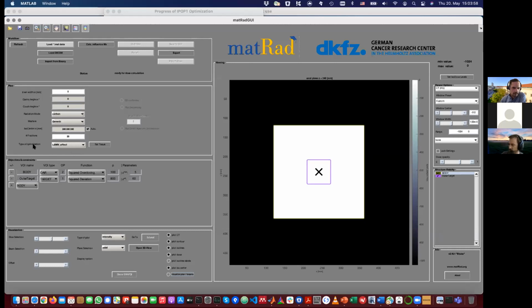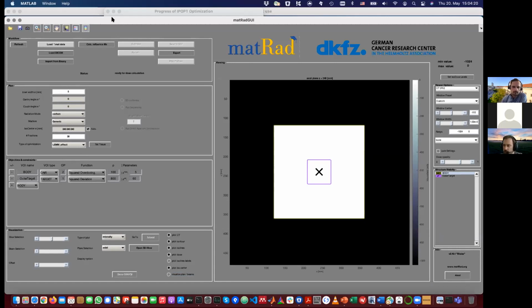And for the type of optimization, you're free to choose. You can do LEM4 RBE weighted dose or LEM4 effect. For those of you who are very fast, you can also try both of them and compare these two optimization results.